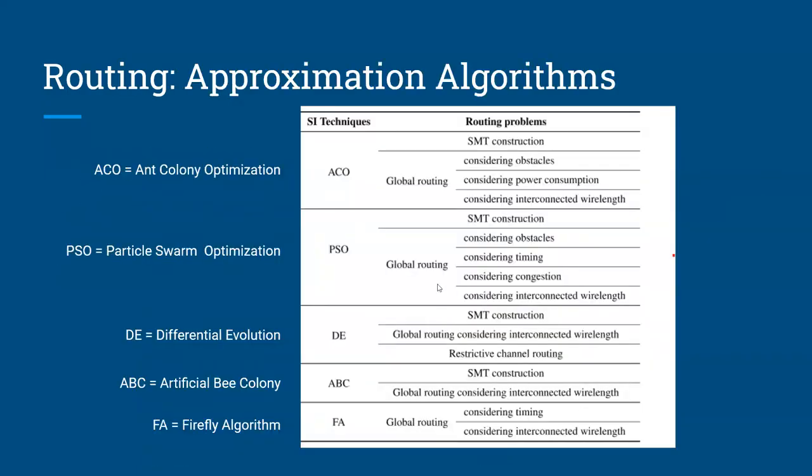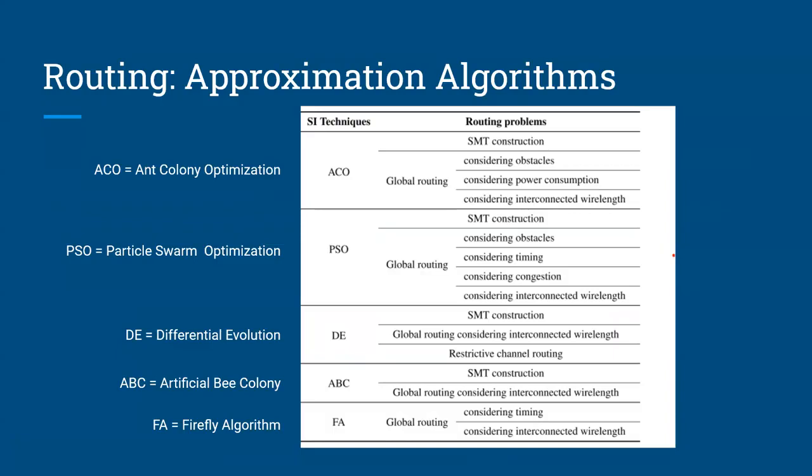So here are some of the approximation algorithms. We have ACO, which is ant colony optimization; PSO, which is the one we talk about today, particle swarm optimization; DE is differential evolution; ABC is artificial bee colony; and FA is firefly algorithm.